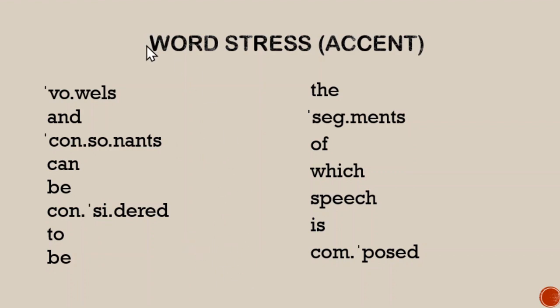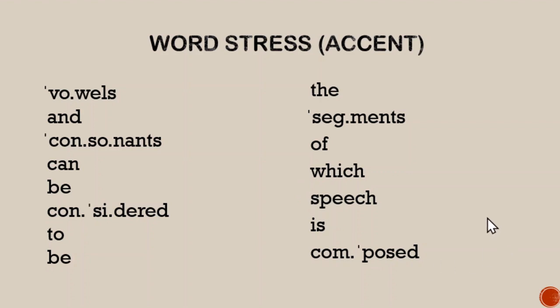So the reason why I thought we will start our discussion in phonetics with accent is that it is this accent or stress that creates greater problems in our pronunciation of English than the pronunciation of individual sounds.